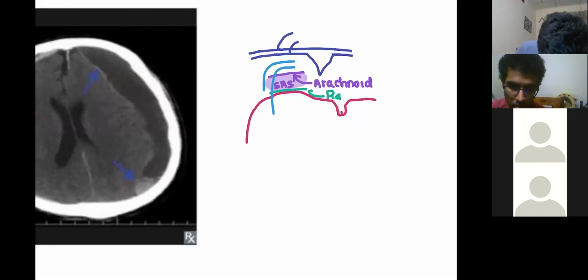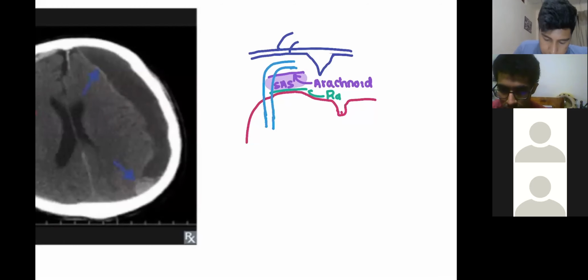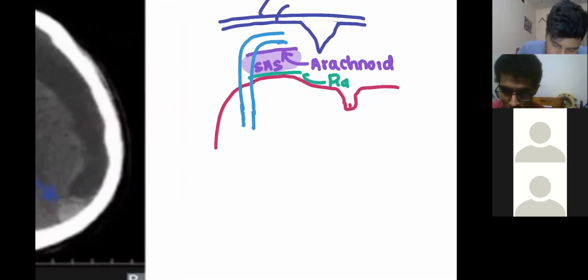It must travel like this, from the brain. What you need to know is, can you see that our brain is enclosed in the subarachnoid space fluid? It's our entire brain.